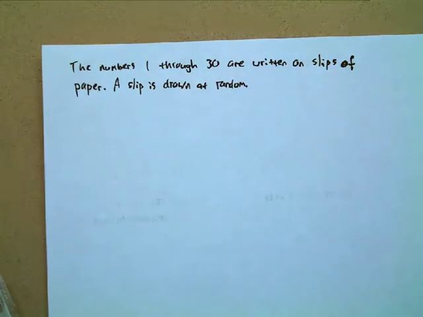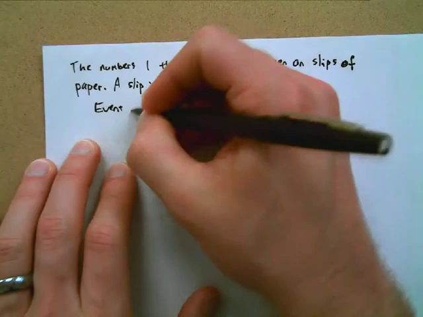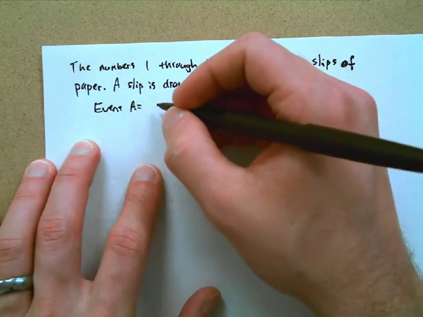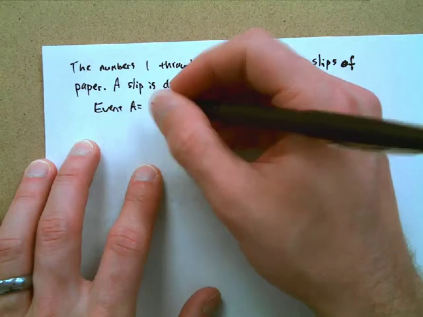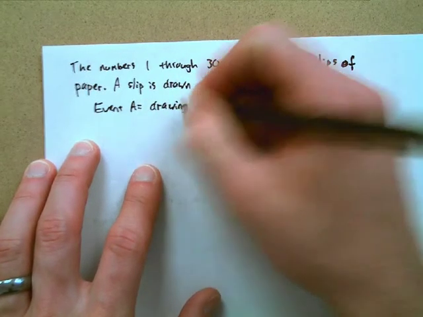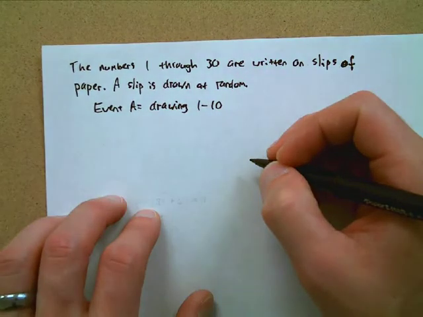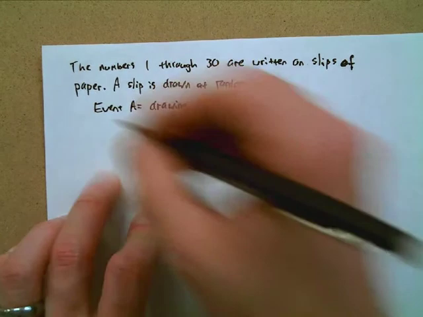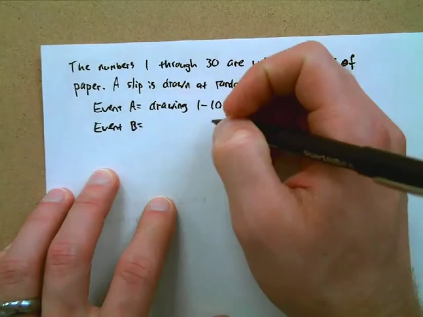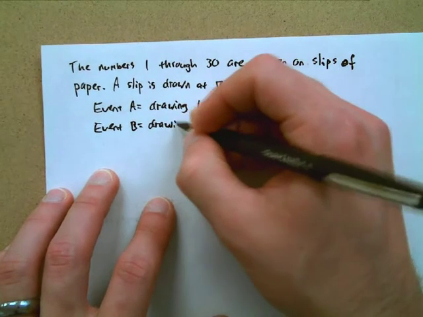Event A is drawing 1 through 10. And then event B is picking a multiple of 6, or drawing a multiple of 6.